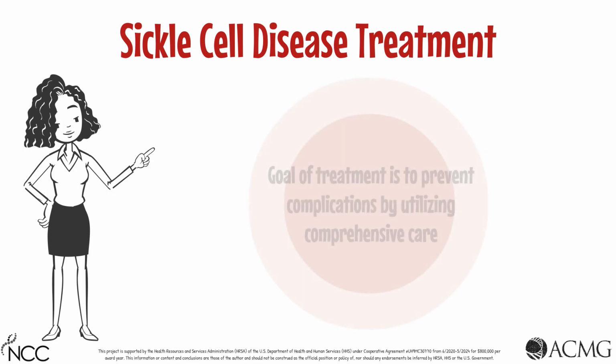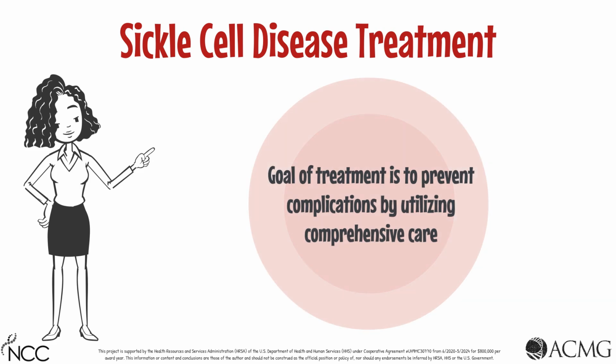The goal of treatment for sickle cell disease is to prevent the health complications that are caused by this condition. Comprehensive care is important to prevent the life-threatening complications of sickle cell disease.